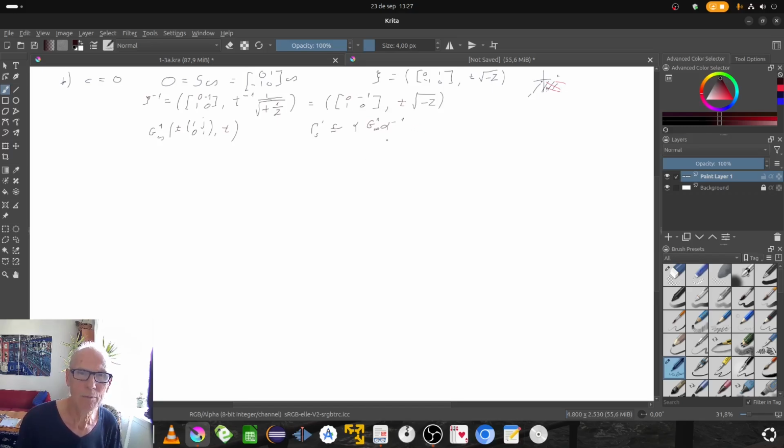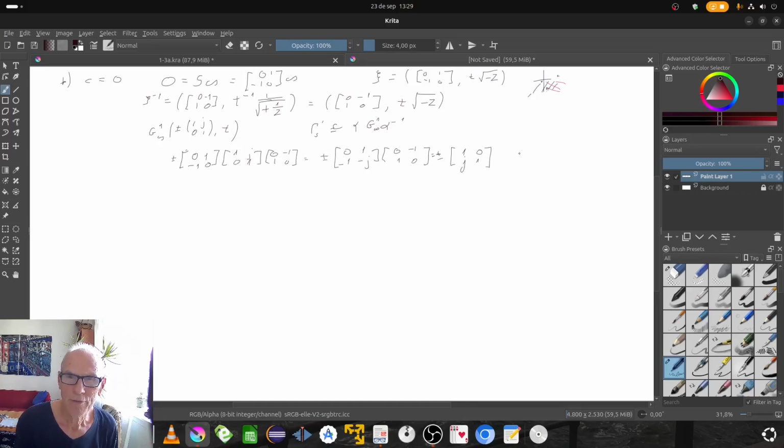So let's just do them. So let's do the matrices first. First we map 1 naught to infinity, then translate it, and then map it back to naught, right?